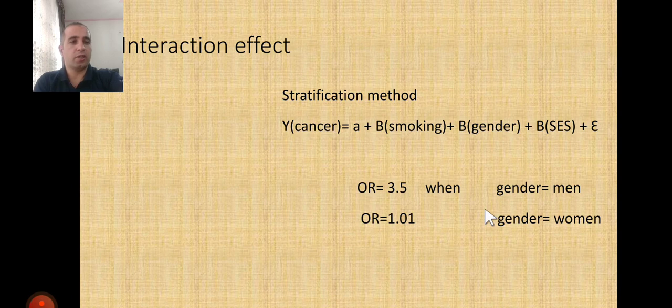Of course there is a difference between the odds ratios, but you can't see the statistical difference between them. So you can't statistically say that the impact of smoking on lung cancer in men is different from women. We need to see the statistical difference of the two odds ratios.